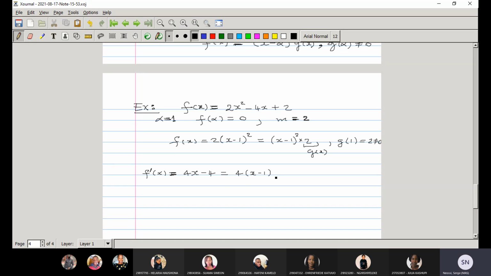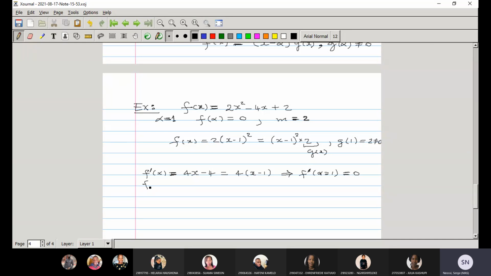You see, 4 times x minus 1. And f prime of alpha, which is at 1, is also 0. So meaning that alpha is also a root of the first derivative.